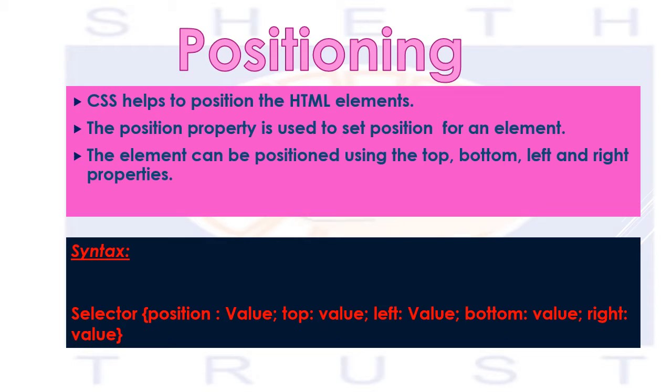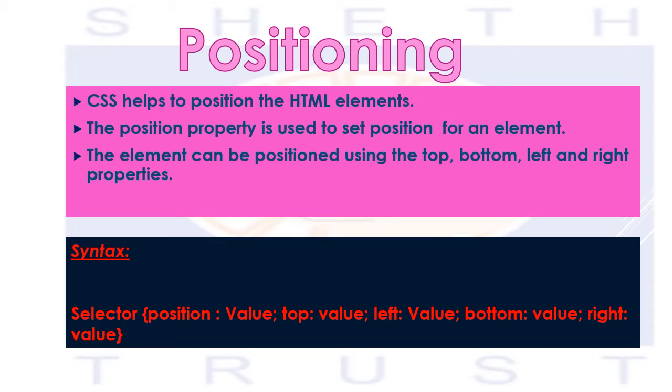Now what is the syntax? How can we write this? What is the correct form of writing the positioning properties using the attributes and values? We know that we are using the style sheet, so first we write the selector.